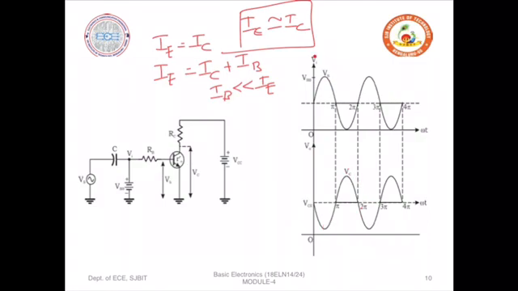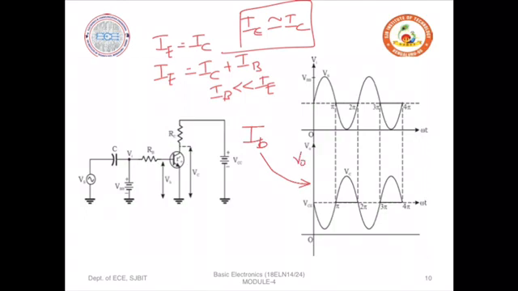The AC input voltage Vs produces an AC base current IB, which results in an AC voltage across RC, which is nothing but the output voltage.